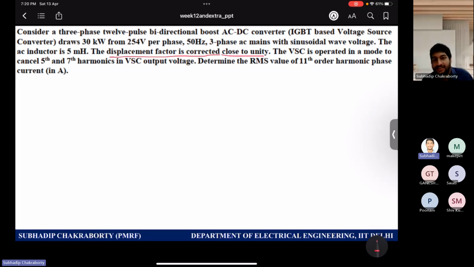But what we ensure is that our supply side is not operating at non-unity power factor. We can ensure power factor correction at our supply side, and then also we can supply the reactive power to the loads by plugging in some capacitor banks or some active shunt compensation techniques that we have learned.